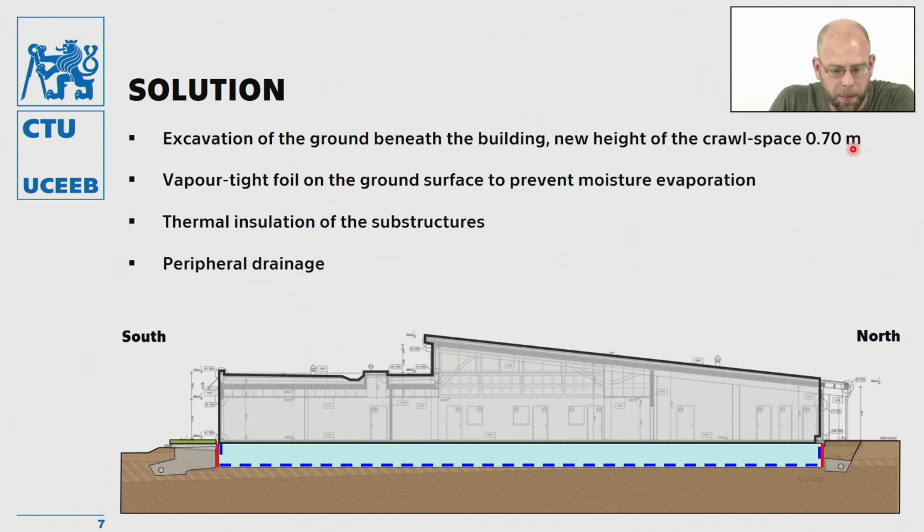Then a vapor-tight foil was installed on the ground surface to prevent moisture evaporation from this source. Thermal insulation was placed on the substructures to prevent local thermal bridges, and in addition, peripheral drainage was done.